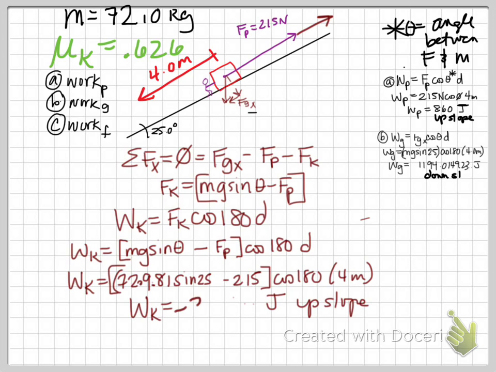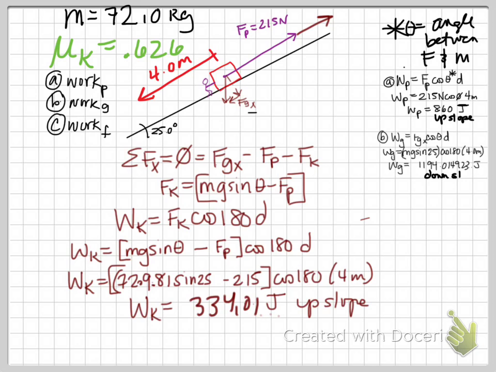I did something wrong. 334.01 joules. We got a negative answer because it is working in opposition to the motion of the object. And I got rid of all the signs. We know it's upslope, so I'm going to get rid of the negative and just say 334 joules worth of work upslope.